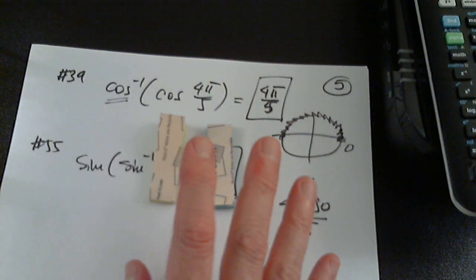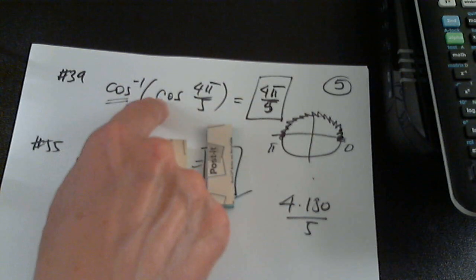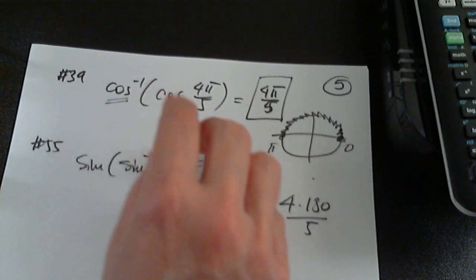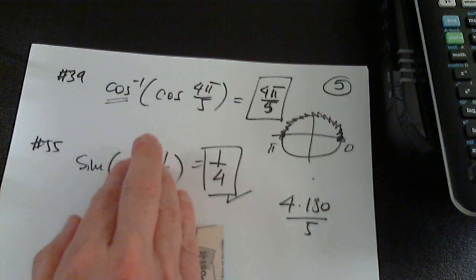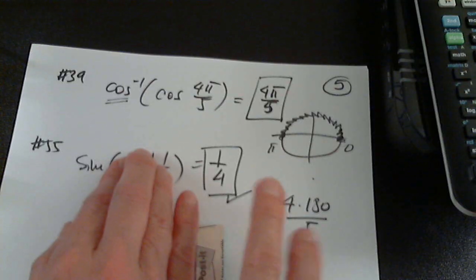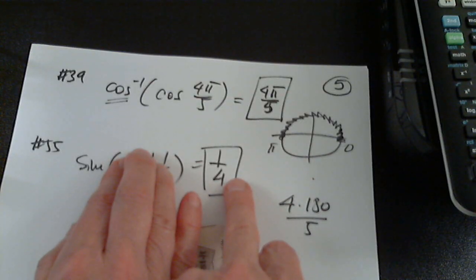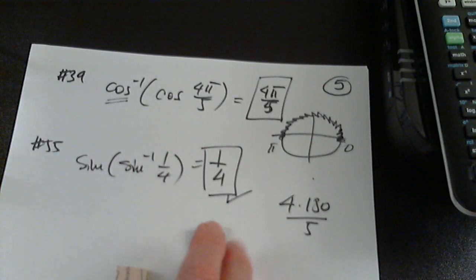They disappear. Because this one cancels this one. This one cancels this one. So I copy 1/4. But remember, this is an angle. Sine applied to any angle has to be a number between -1 and 1. As long as this number is between -1 and 1, I'm safe, and that's the correct answer.